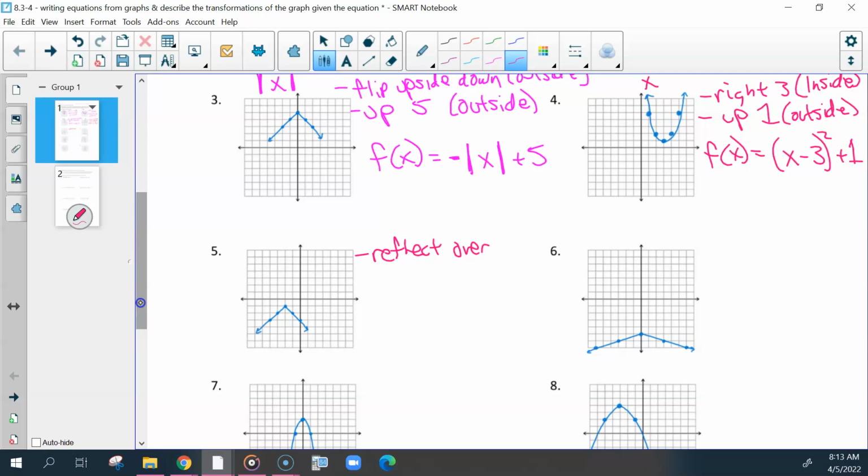Up, and then translate, right? So think about where it was originally. At 0, 0. So think about where the center is. It always starts at 0, 0. Even if it flipped, it would still be at 0, 0. So that wouldn't change. Okay.